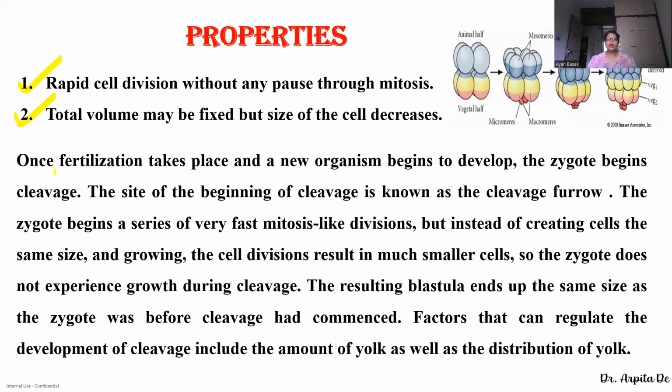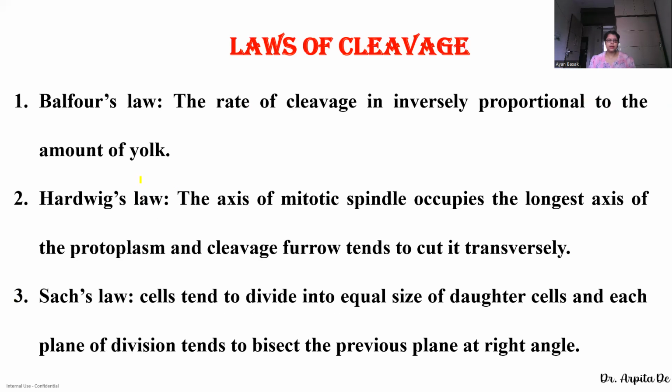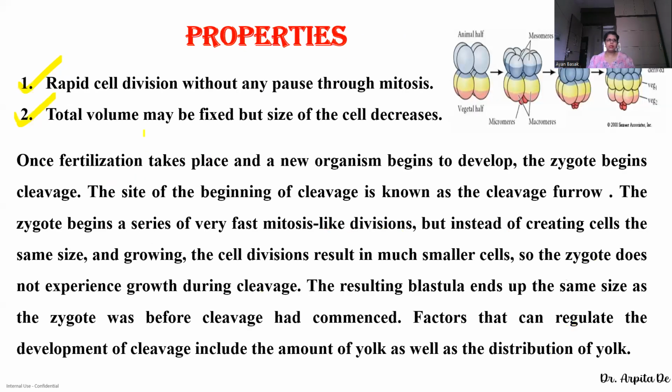Once fertilization takes place and a new organism begins to develop, what happens at that time? You just see the zygote. The zygote begins to cleave. The site of beginning of cleavage is known as the cleavage furrow.